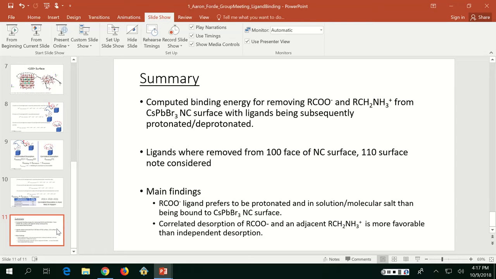Let me try to complement that. We want to eventually make quantum dots out of perovskites, which are able to emit light.